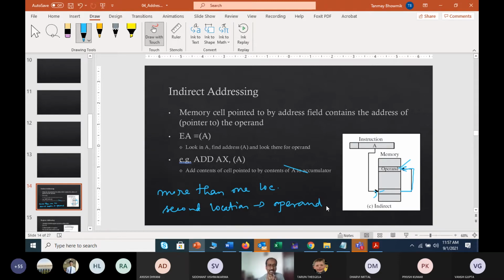So you can ask that if direct addressing was there, what was the requirement to use this indirect addressing, or why would you store the data in a second location or in a secondary location? What is the advantage of this? So once you are accessing more than one memory location through one cell, that means in that particular cell you can store only the addresses of different locations quite easily, because you are not storing the operand, you are only storing the address or the locations.